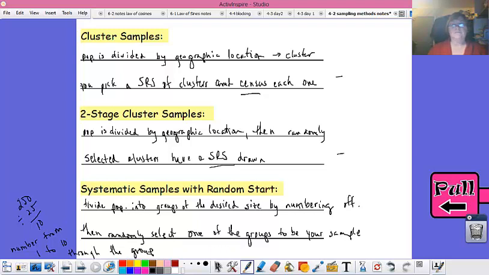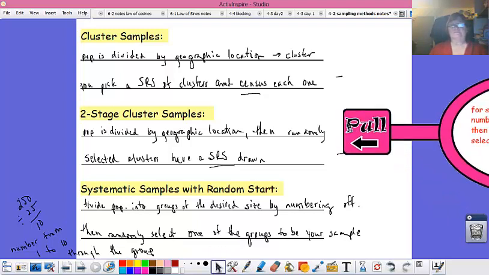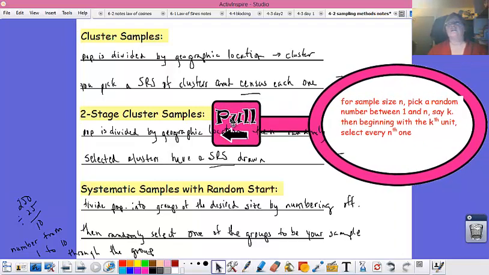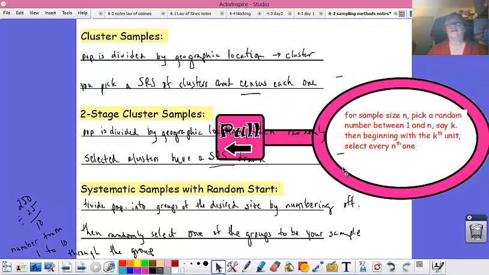Okay? An alternate method of selecting a systematic sample that I've seen in other textbooks, ours doesn't mention this except very briefly. They say if you wanted to get a sample size n, like 50 perhaps, pick a random number between 1 and 50 and call it whatever.